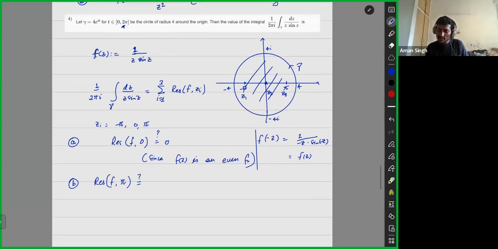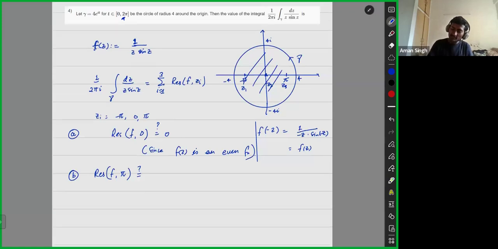We have to expand our function around z minus pi. Will that work? Let's see.